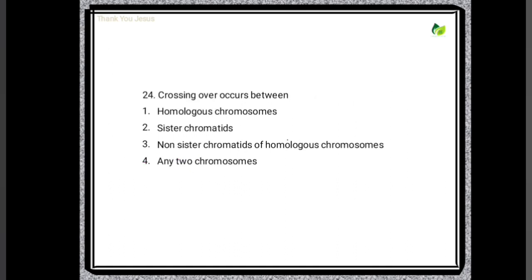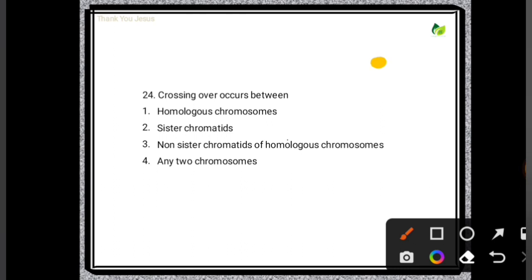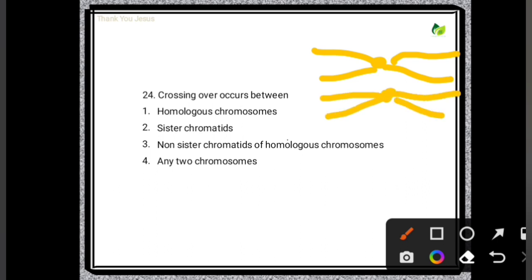So crossing over occurs between, options are homologous chromosomes, sister chromatids, non-sister chromatids of homologous chromosomes, any two chromosomes. So here you have to know what are sister chromatids, what are non-sister chromatids. Okay, so I will explain you briefly. So these are the two chromatids of a chromosome. Again, these are the two chromatids of a chromosome. These two chromosomes are the homologous chromosomes.